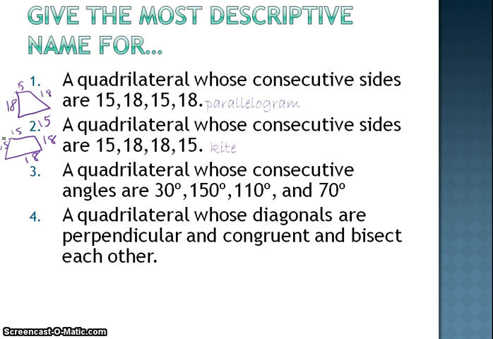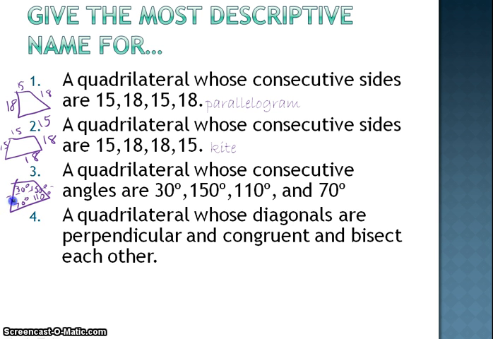Number 3, a quadrilateral whose consecutive angles are 30 degrees, 150 degrees, 110 degrees, and 70 degrees. Okay, despite what it looks like in my non-assuming drawing, it appears that pairwise, my top two angles are supplementary, and my bottom two angles are supplementary.